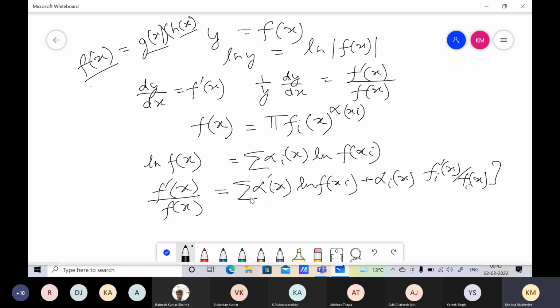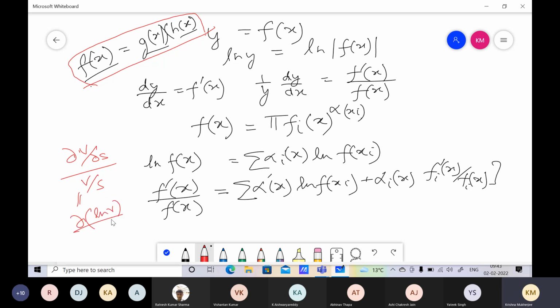But let us do it for this one. Let us do it for a simple function like this, where there is no power, just a multiplication, u into v form. Instead of writing dv by ds divided by v by s, I'm trying to tell you that this d ln v by d ln s formulation is far easier to handle algebraically, because of this kind of function.